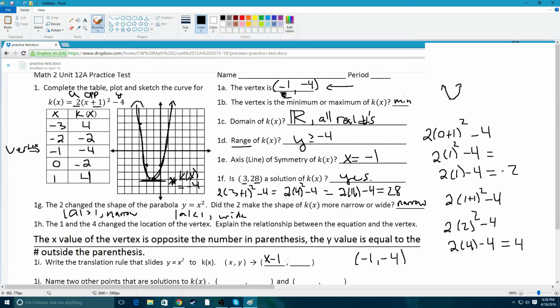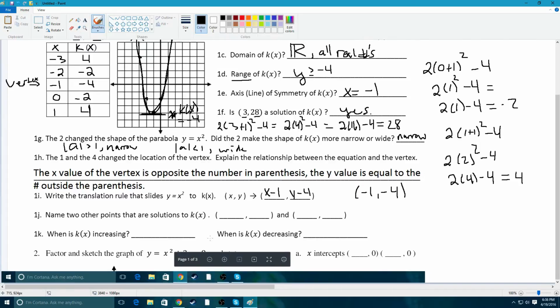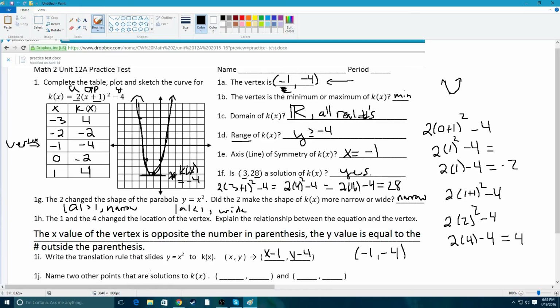We subtracted 1 from x, and we shifted it down 4. Okay. So when it asks for 2 other points that are solutions, you can just pick 2 from your t-chart. So 0, -2 works, and 1, 4 works.